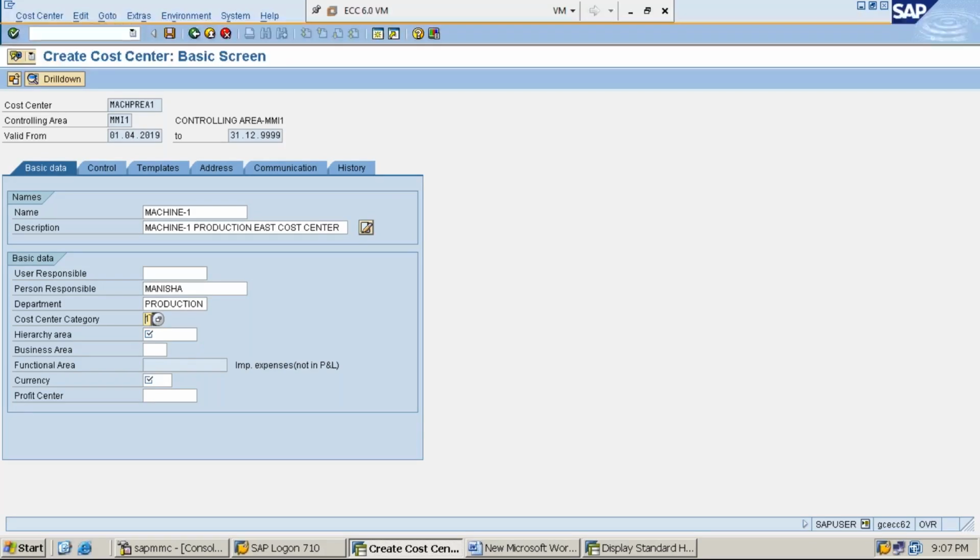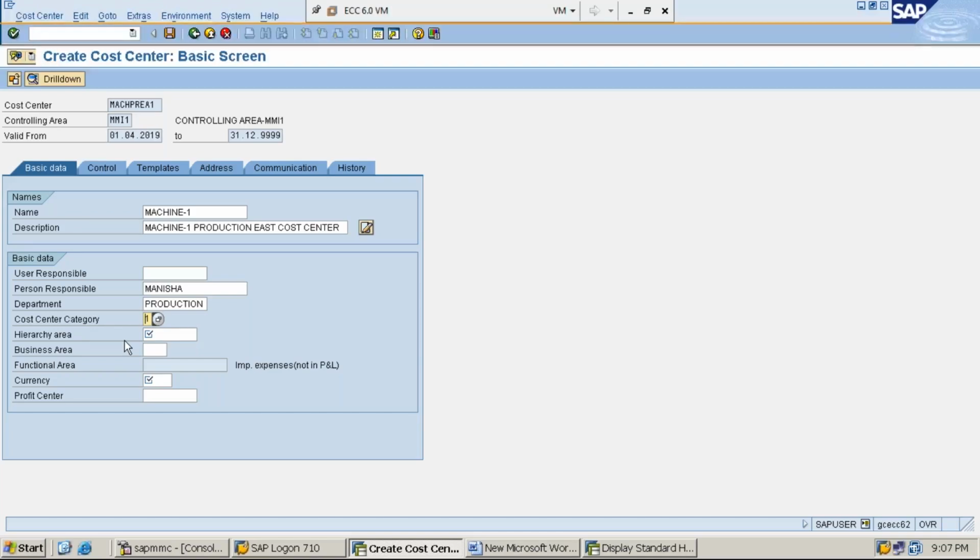By giving this, the system will understand that this particular cost center MACHPR 1 is related to production activities. The system will understand what type of activities will be carried out by this cost center, looking at the cost center category.